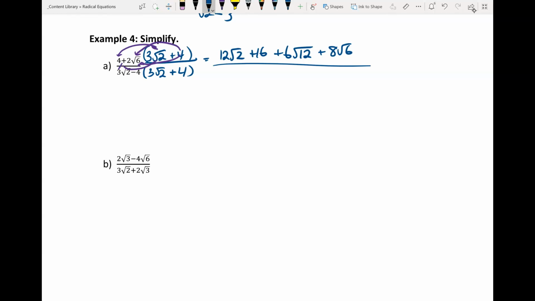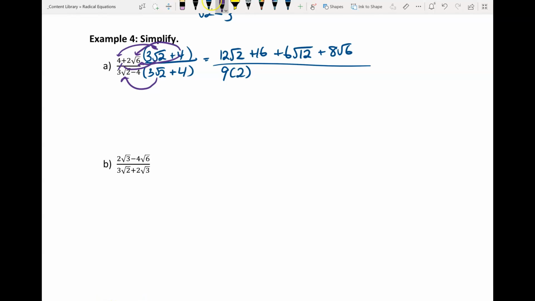In our denominator, we have 3 root 2 times 3 root 2, which is 9 times 2. So 3 times 3 gives us 9. Root 2 times root 2 gives us 2.